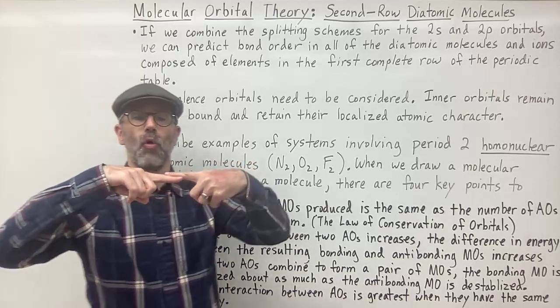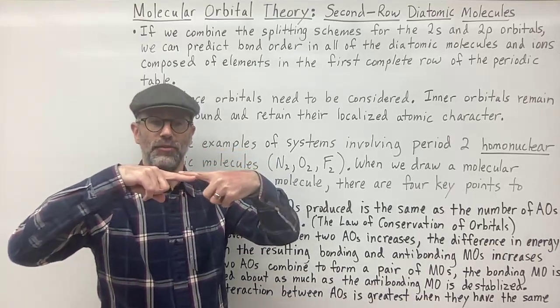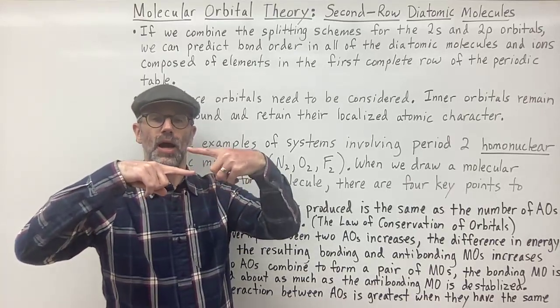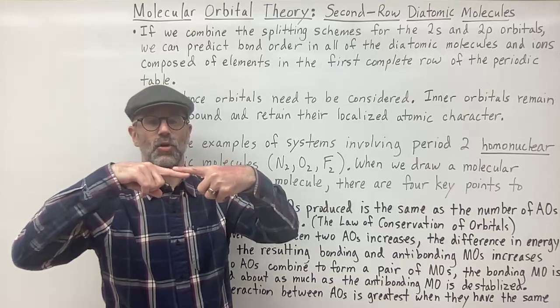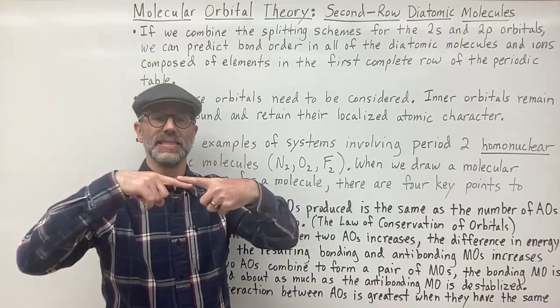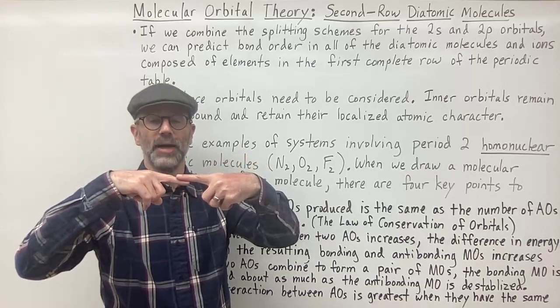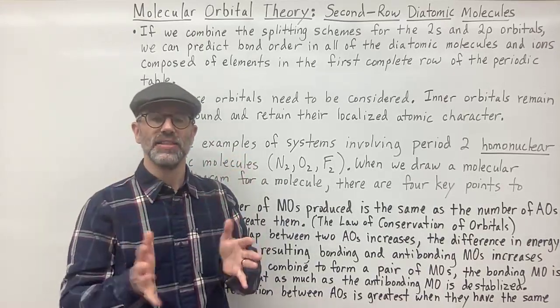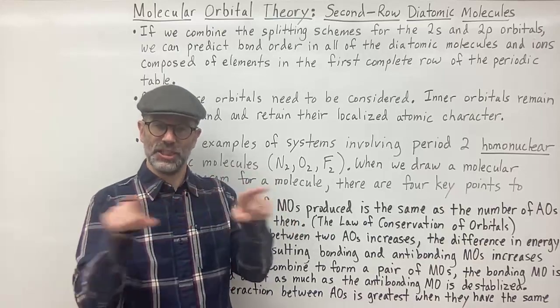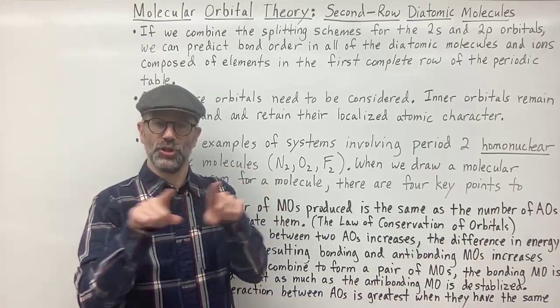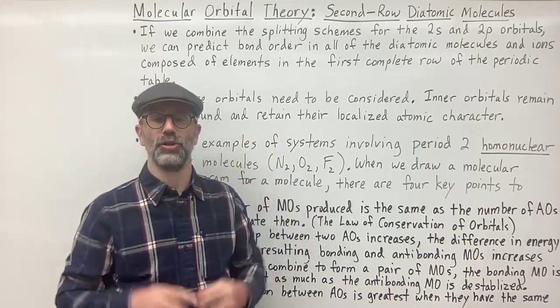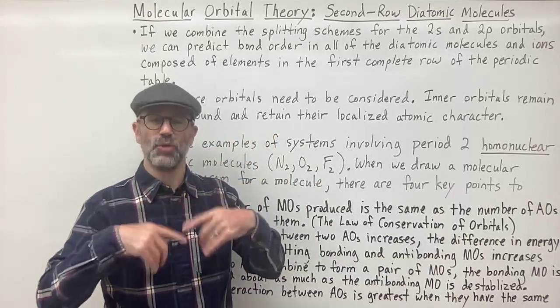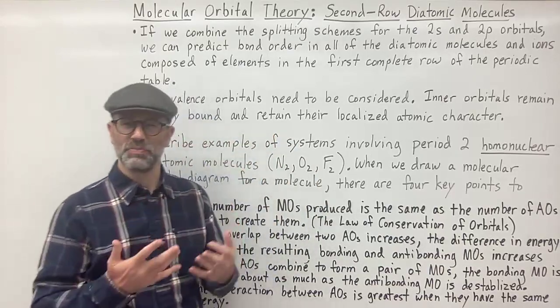And so that's going to give rise to the sigma pz bonding molecular orbital. I shouldn't say pi, because we're talking about the internuclear axis. So along the internuclear axis, if the overlap is there, we call those sigma. So I misspoke.